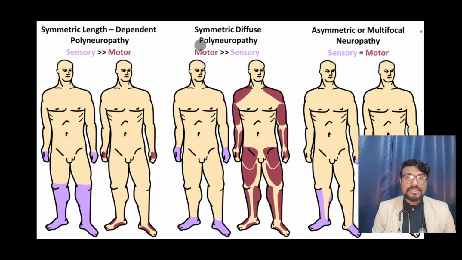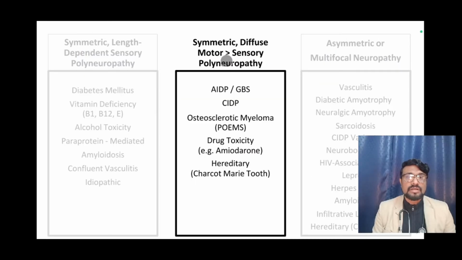So, our patient has symmetrical diffuse polyneuropathy with motor more than sensory presentations, and the differential diagnoses for it include AIDP or GBS, CIDP, osteosclerotic myeloma, that is POEMS syndrome, drug toxicity like amiodarone, and hereditary causes like Charcot-Marie-Tooth disease. So these are the differential diagnoses that can be seen in this patient.